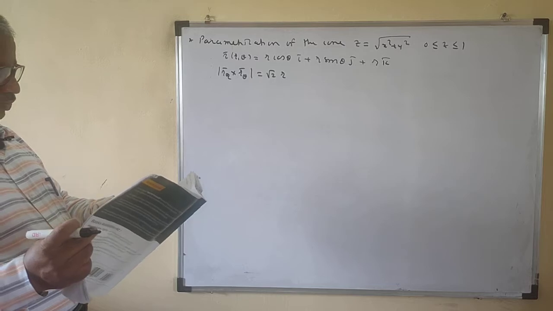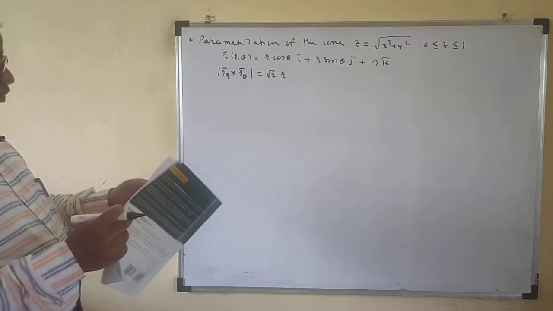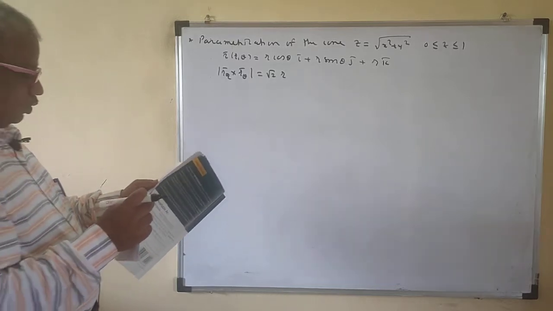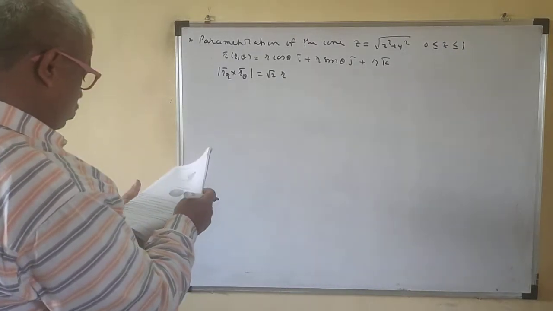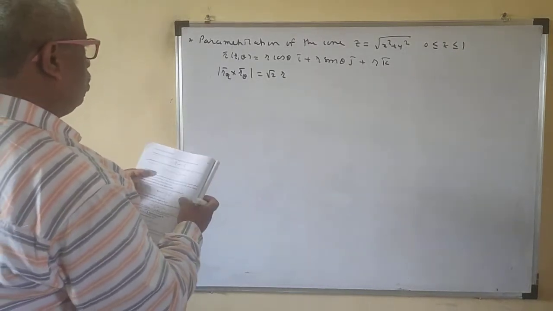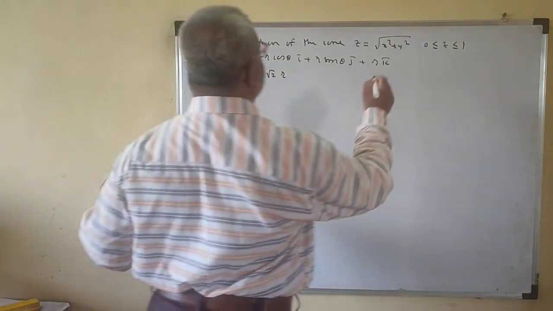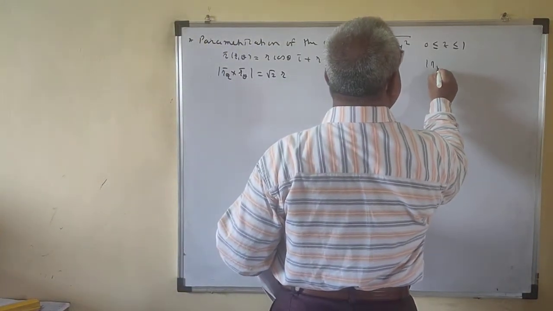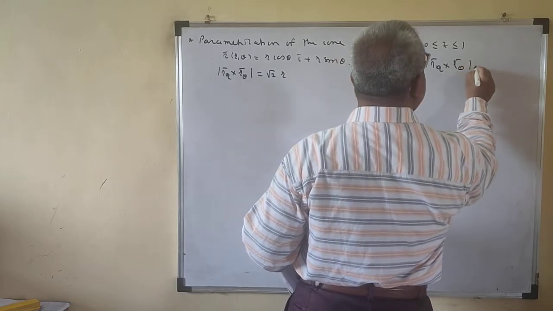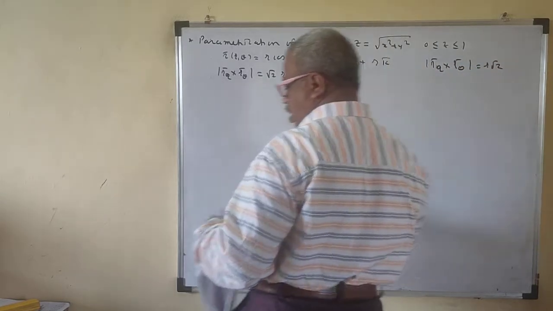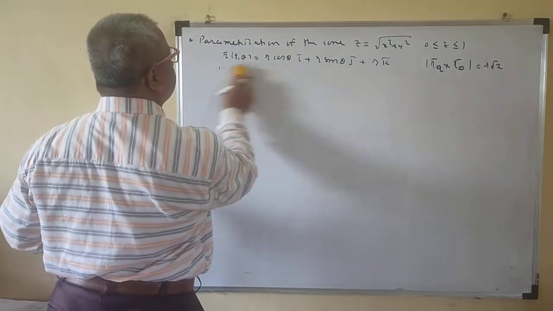Just remember this. So r bar of r cross r bar of theta is r root 2. This is important here.